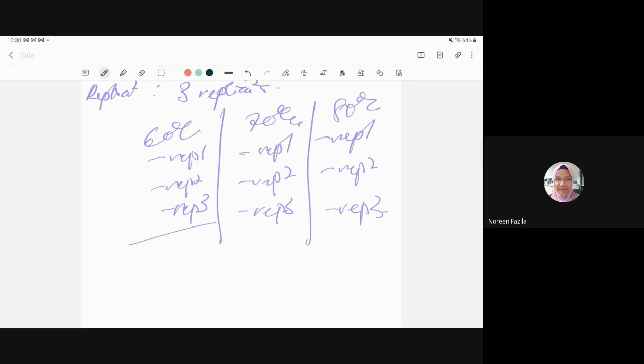For example, if you were to do 60 degrees C first, and that day the humidity is very high, then there will be less evaporation of water. So all the 60 degrees C samples will be exposed to that condition.